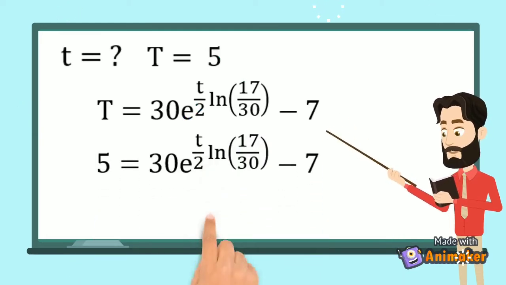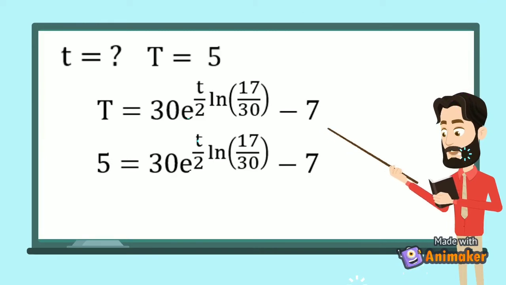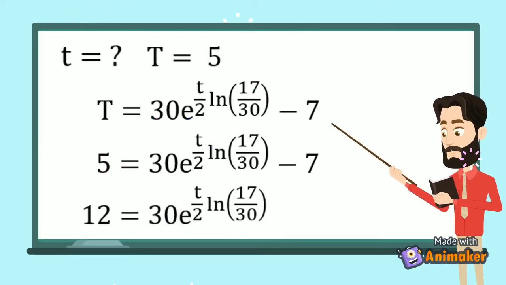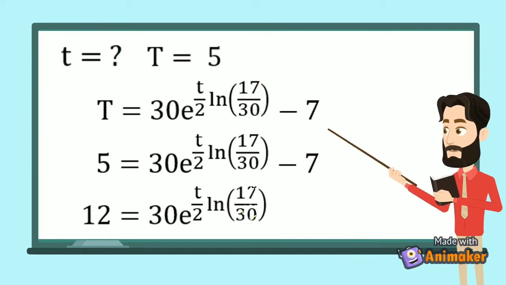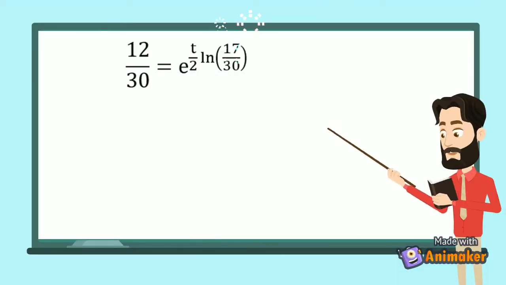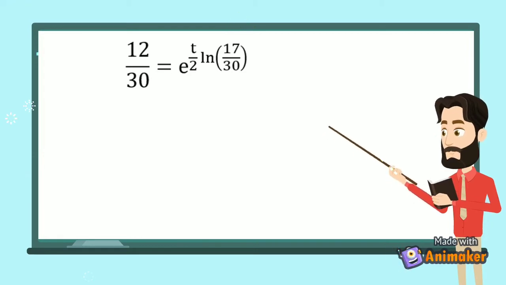So, we just need to substitute the temperature value of 5, then move minus 7 from the right hand side to the left hand side and get 12 equals 30 e to the power of (t over 2) ln(17 over 30). Now, move 30 from the right hand side to the left hand side to make it 12 over 30.